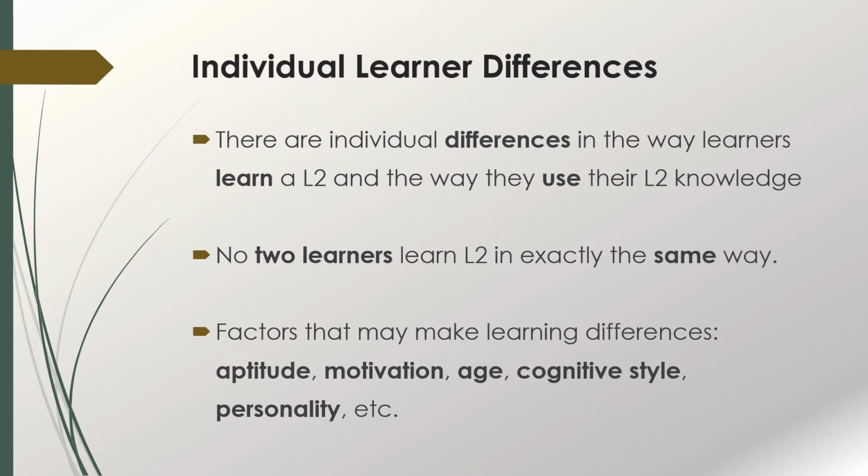If they have a similar level, then they might not be different. But it is a very rare case that all learners will have the same aptitude, motivation, age, cognitive style and personality. It is pretty much impossible. So that's why every learner is different as well.